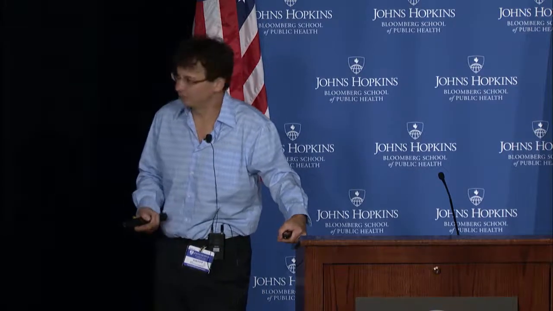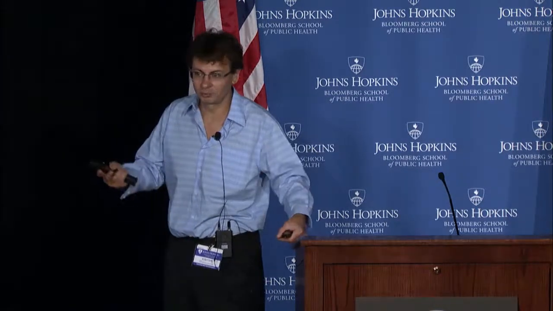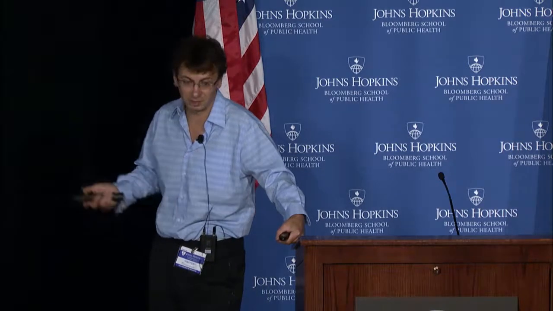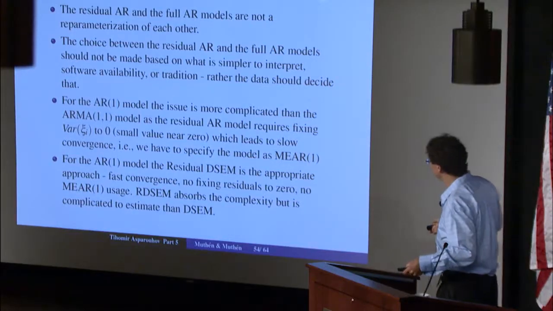personally, I don't care about tradition and what other people have done in the last 50 years. I don't think this question of where to put the covariate should depend on what has been previously published in the literature. I think the only thing that should decide this is the data itself.